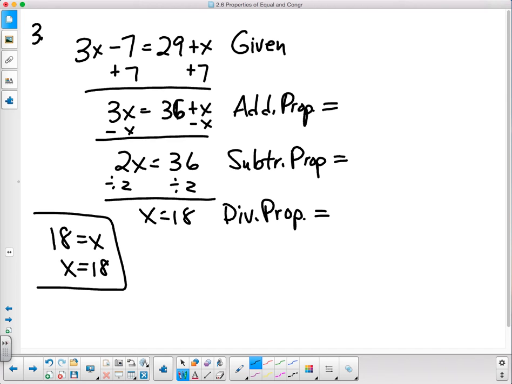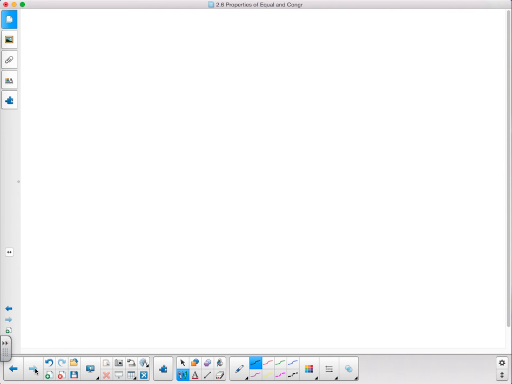Symmetric property. If 18 equals x, then x equals 18, symmetric property would do that. And problem 4 probably did an addition property of equality, and then a multiplication property of equality. x was 300 if you did it right.